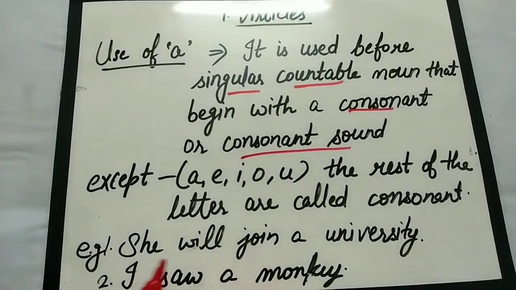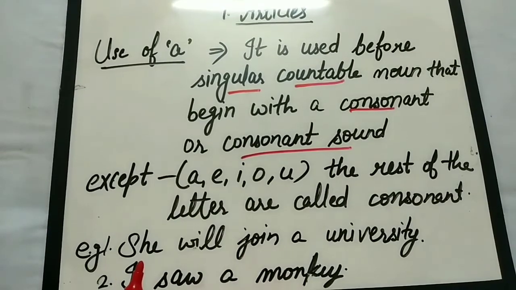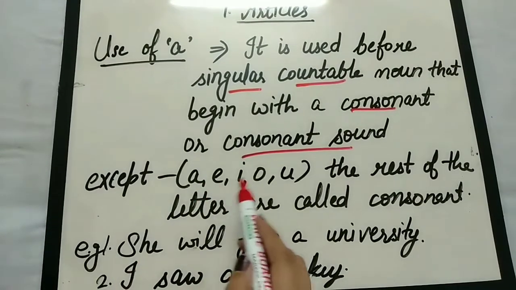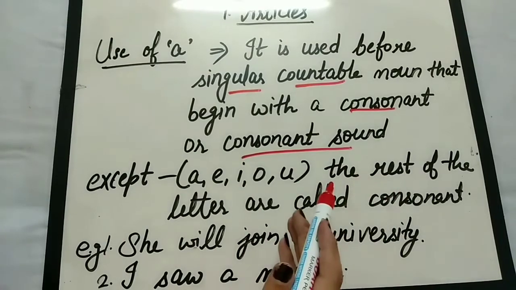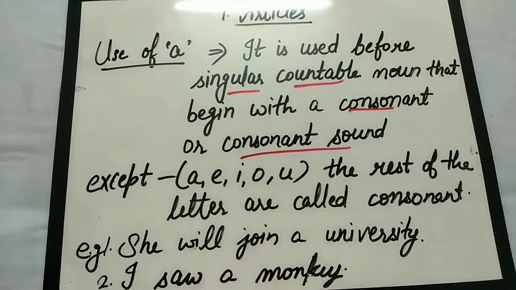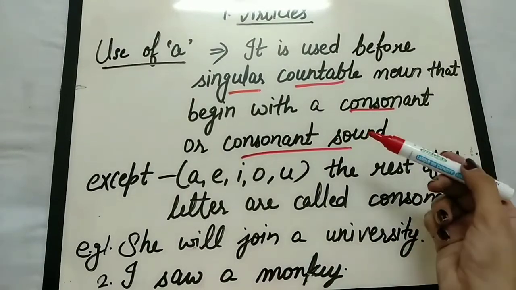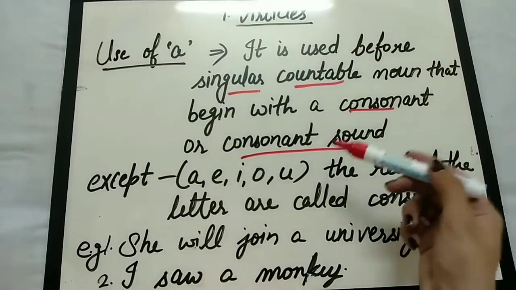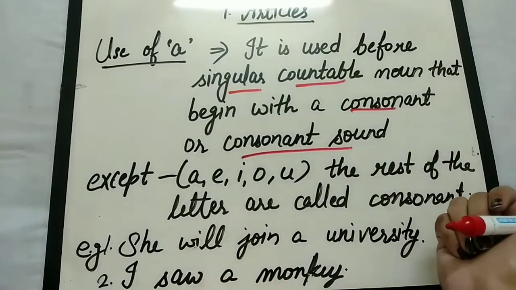We know that there are 5 vowels in the English alphabet, A, E, I, O, U, and the rest of the letters are known as consonants. So when the noun has a consonant sound, before that noun you have to place a.